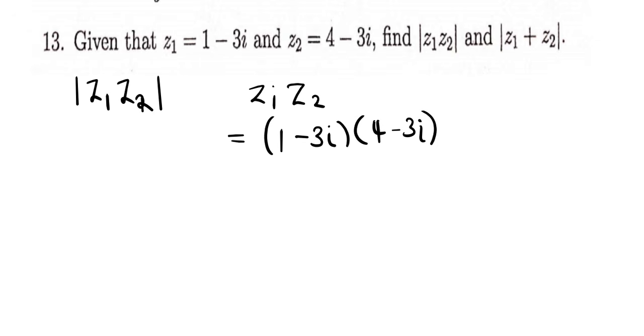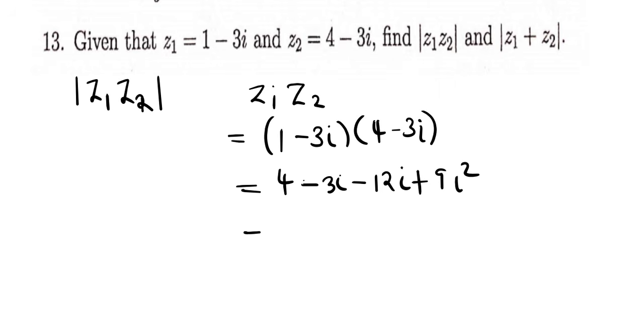So how are we going to do that? You're just going to solve the way we've been solving the other ones. 1 multiplied by 4 minus 3i, so that will be 4 minus 3i. Then negative 3i multiplied by 4, that will be negative 12i. Negative 3i multiplied by negative 3i, we're going to have positive 9i squared.